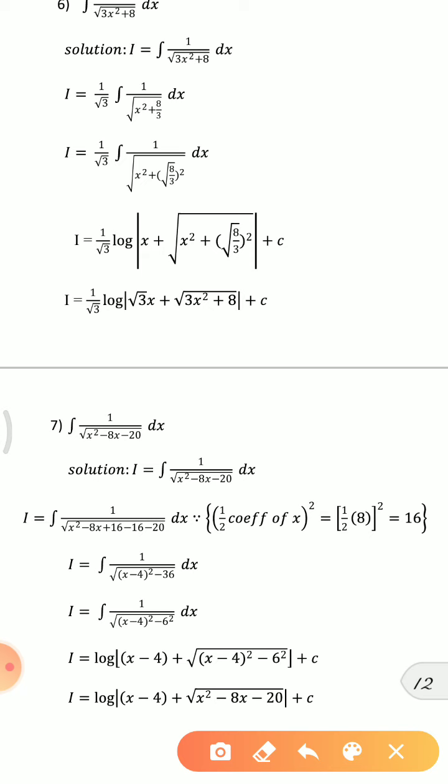Integration 1 upon under root of x square minus 8x minus 20 is the solution. Let I is equal to integration of 1 upon under root of x square minus 8x minus 20.